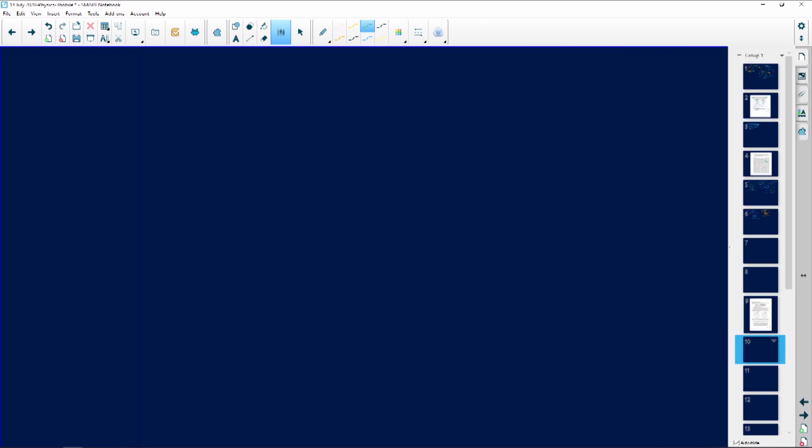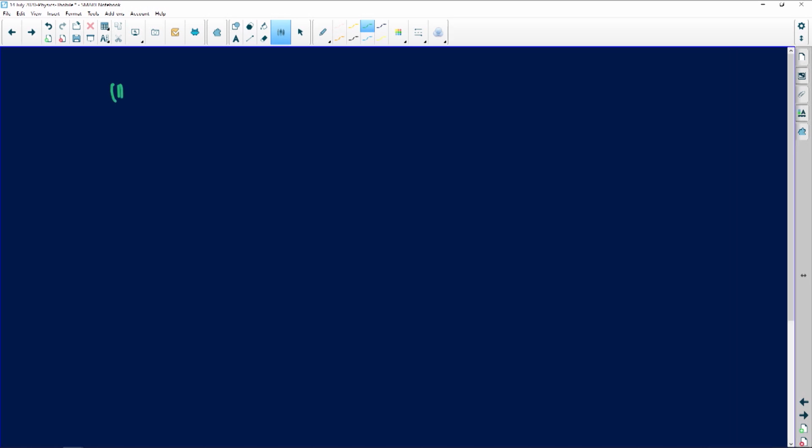So this will be 11.1. They want us to define the work function. And the work function of a metal is the minimum. Very important word.